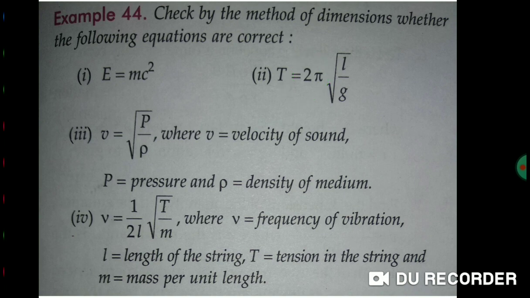The third one is v equals square root of P by rho, where v is the velocity of sound, P is pressure and rho is the density of the medium.